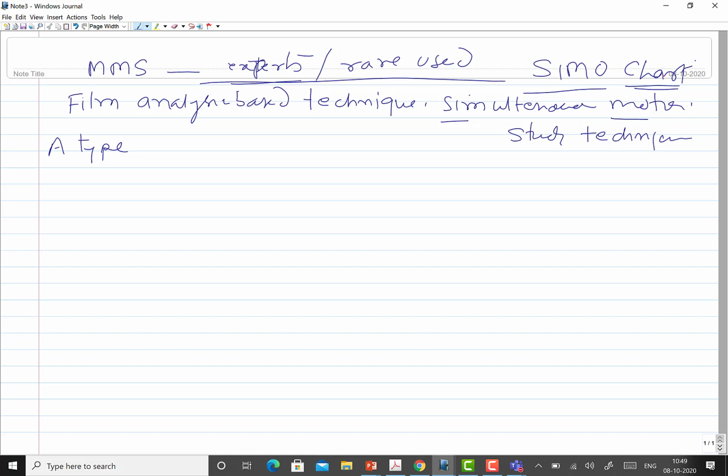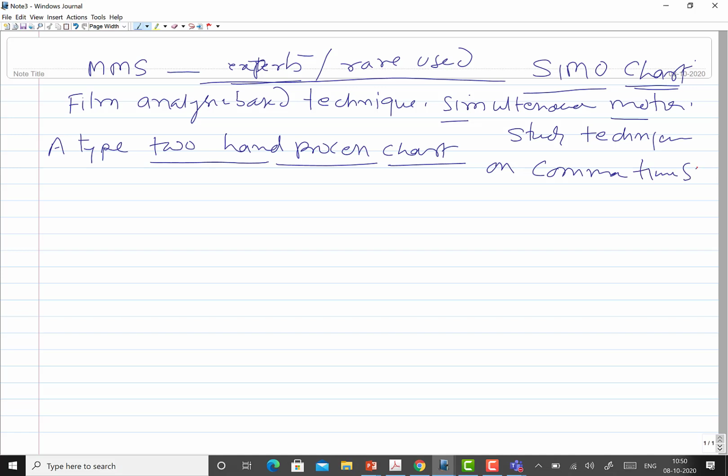So this is basically a type of THPC only, a type of two hand process chart. All charts record the activities in a particular sequence, and the SIMO chart also records the activities of the two hands on a common time scale.